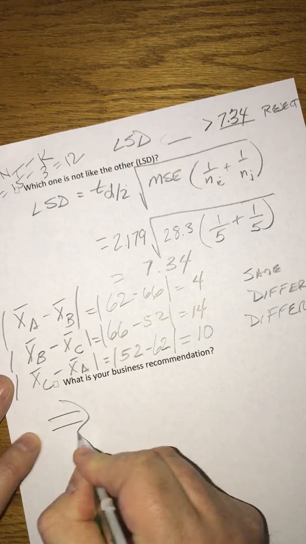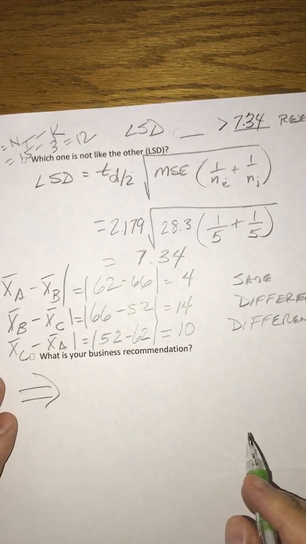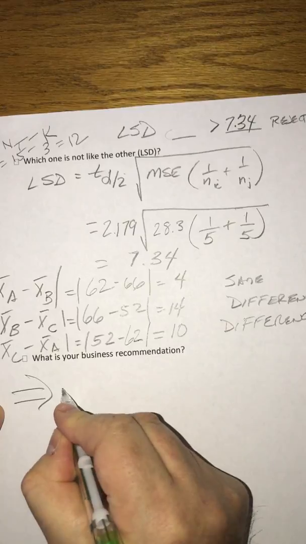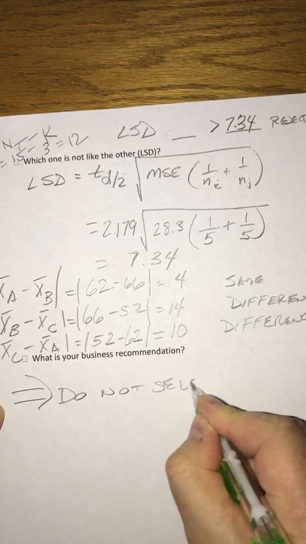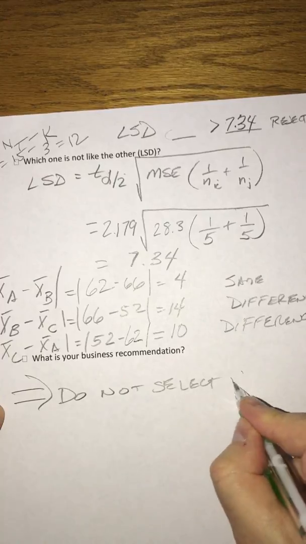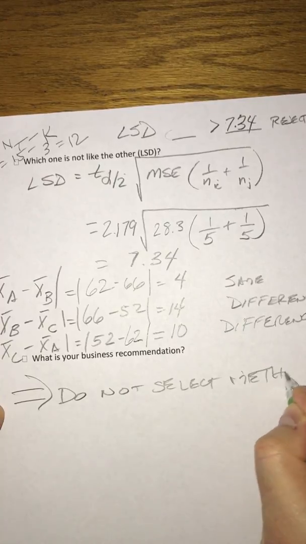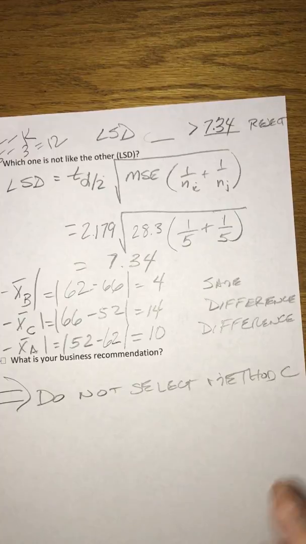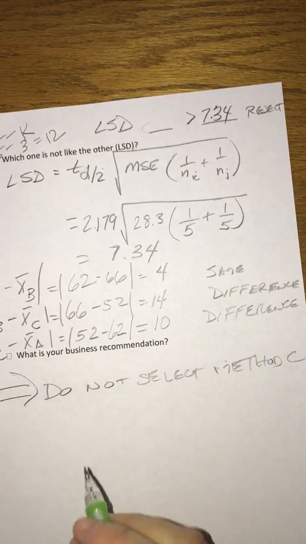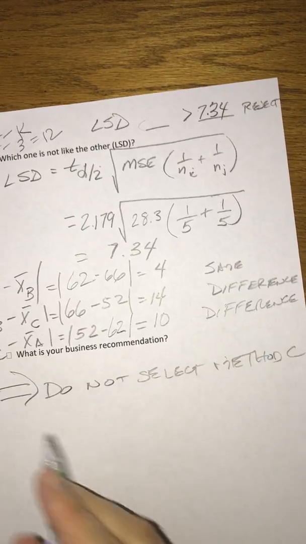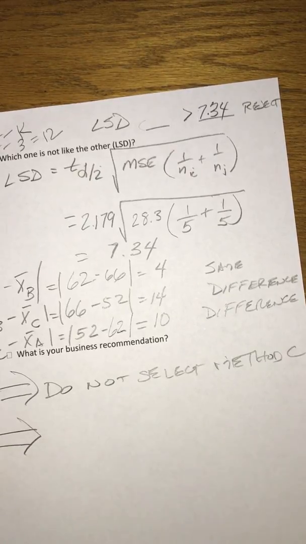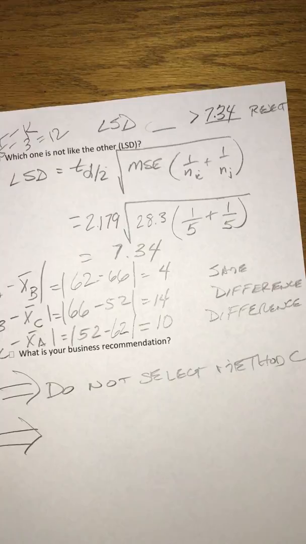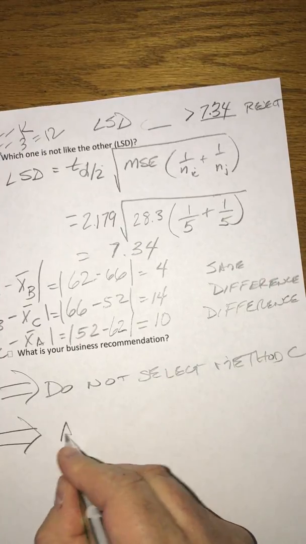So here's the business recommendation that you would go about. You say do not select method C. Obviously that one would not work for you because it's the least efficient as measured by the number of units produced over time. But you still have to make a recommendation to the plant manager, so you'd come up with another criteria.